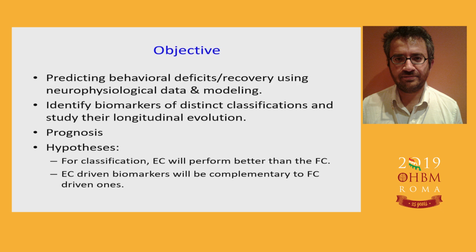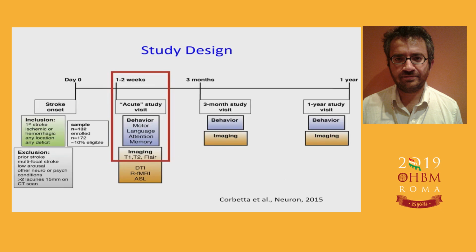I'm just going to quickly show the study design, which was used in the study published by Corbetta in 2015. The advantage that we have is a good sample for stroke studies, with 132 first-time stroke patients, who had resting state fMRI, behavioral, and DTI data at the acute phase, which is 1 or 2 weeks post-onset, and 2 chronic phases, which are 3 months and 1 year post-onset.